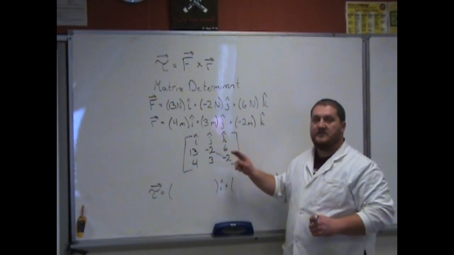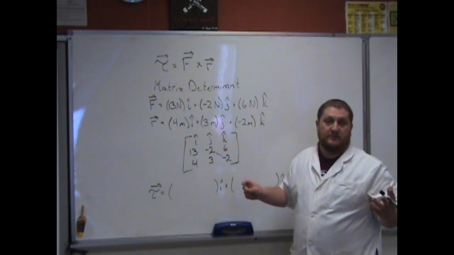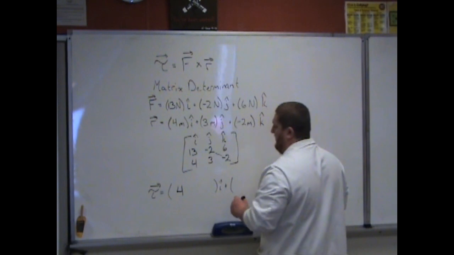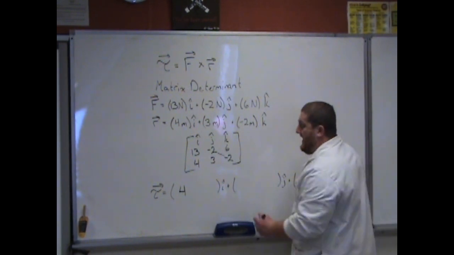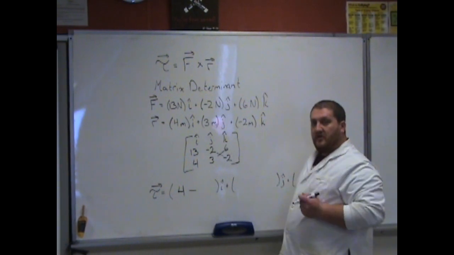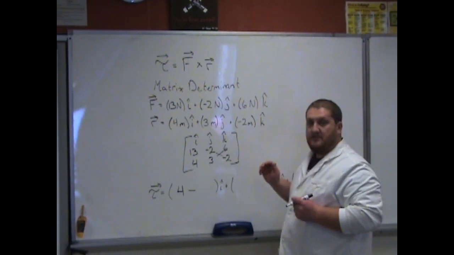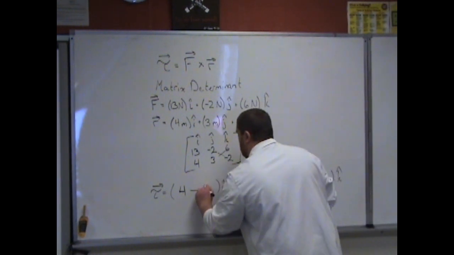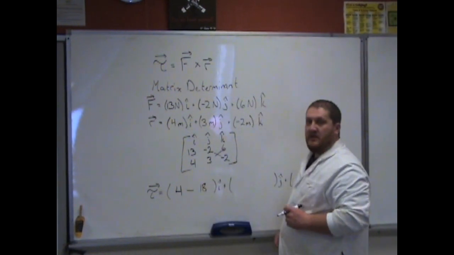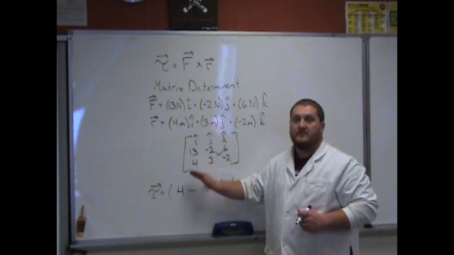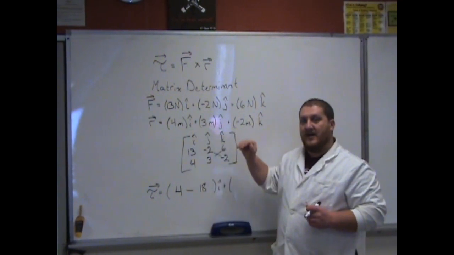So I have -2 times -2, which would be 4. I then subtract the other values multiplied together. 6 times 3, which would be 18. So again, in the i component, I cover up everything in the column and the row with i.